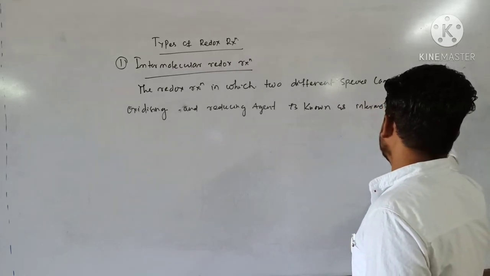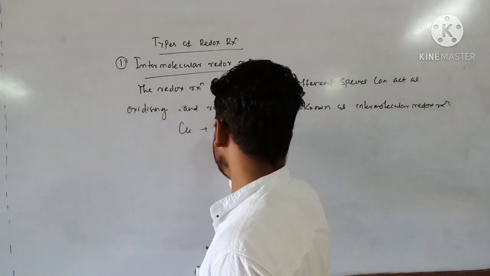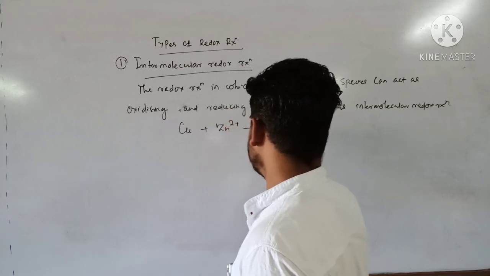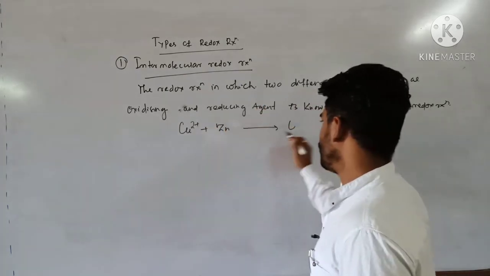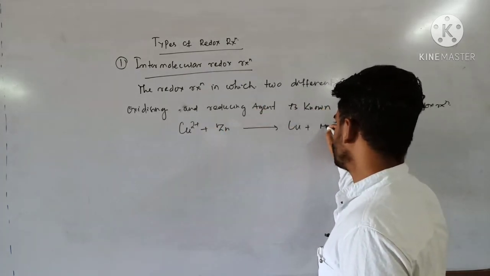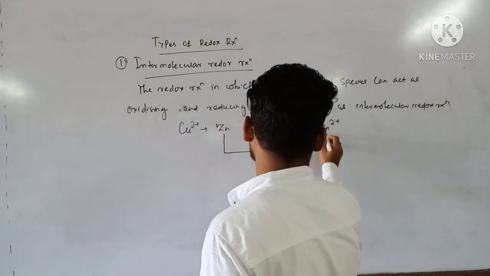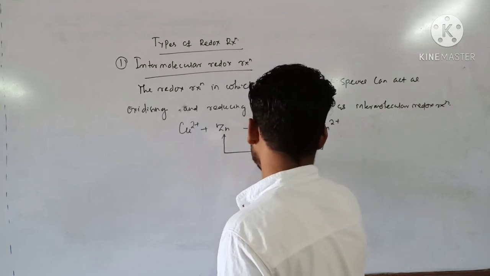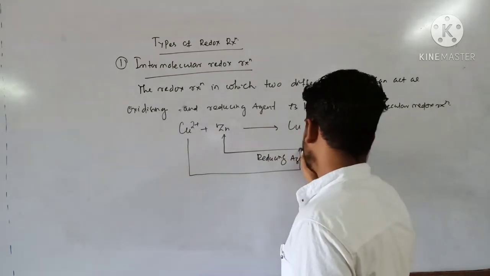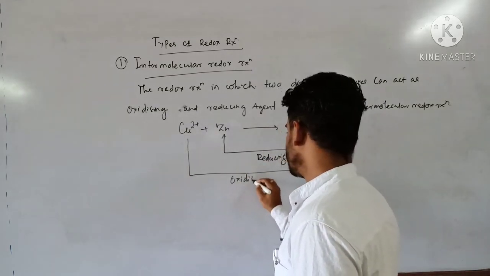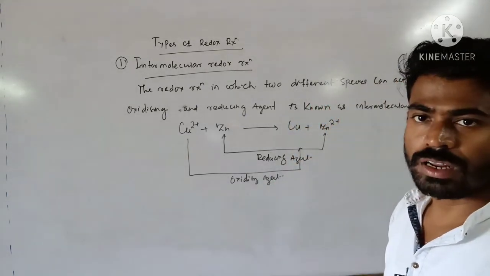For example, as I have discussed, Cu2+ plus Zn giving rise to Cu plus Zn2+. Here you see this Zn is oxidized and it acts as a reducing agent. Copper is reduced, acts as oxidizing agent. Two different species are there. That's why this is known as intermolecular redox reaction.